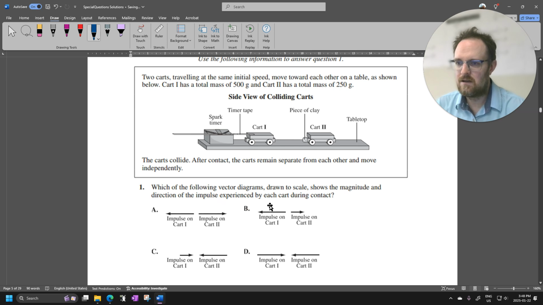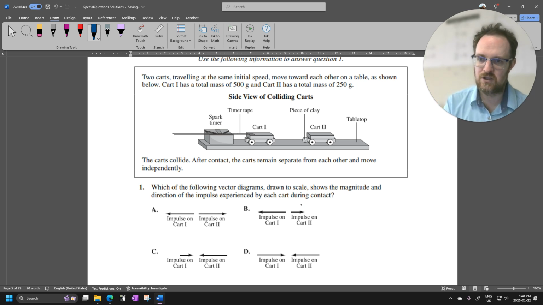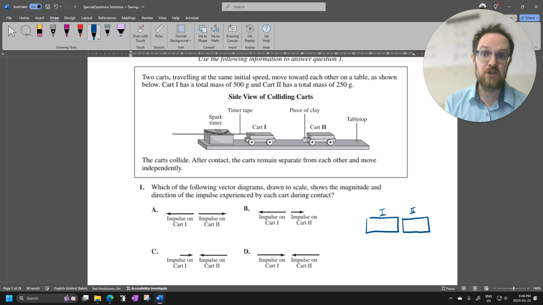So during the contact of this car, remember, they're in contact. So when these cars are in contact with each other, this is during the collision part of it. Cart 1 and cart 2 are going to be pushing on each other.